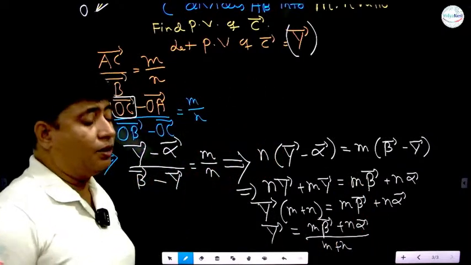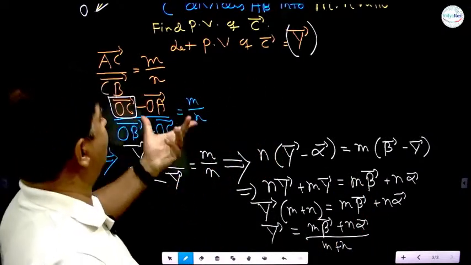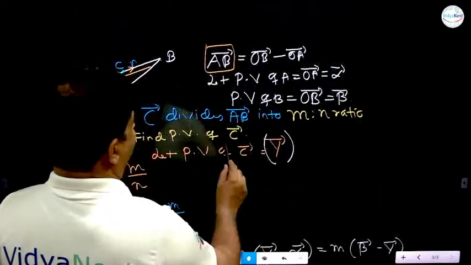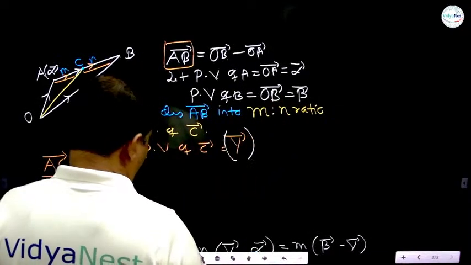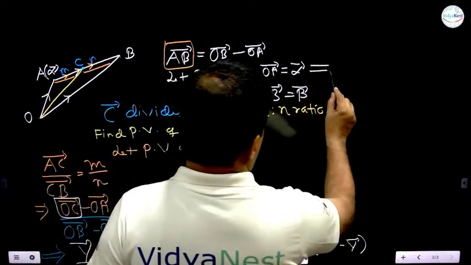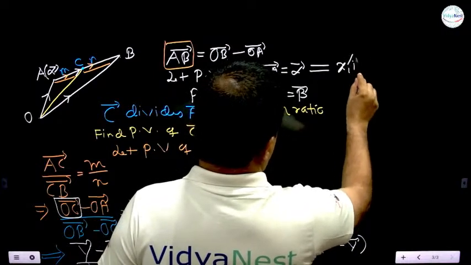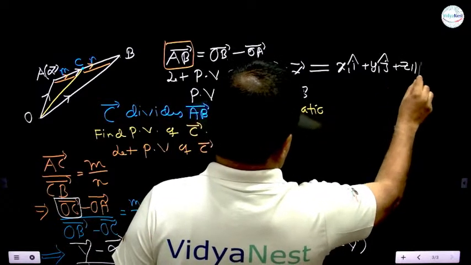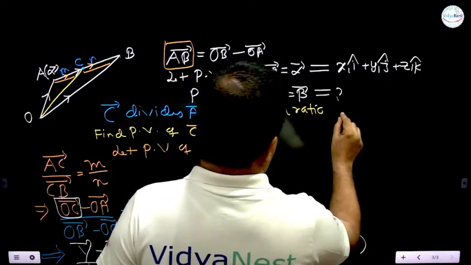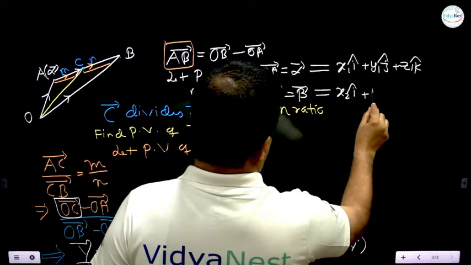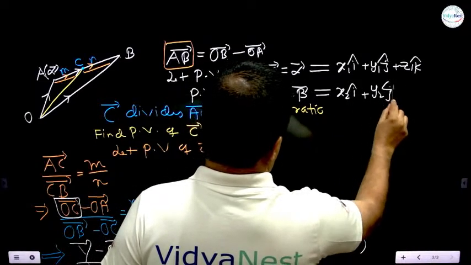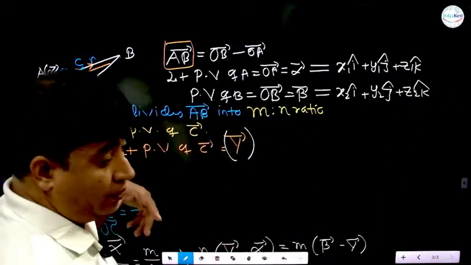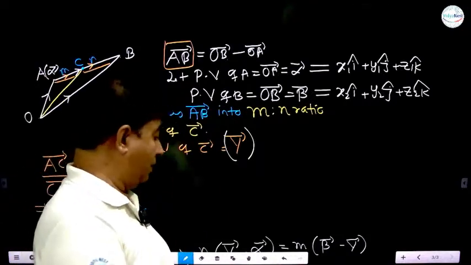So this is got in terms of vector. Now how to convert it into 3D? See, here we got alpha. This alpha can be written as x1 i, y1 j, z1 k, and beta can be written as x2 i, y2 j, z2 k. Now I am converting this vector to 3D coordinates.